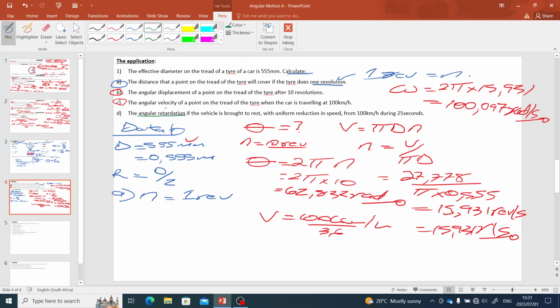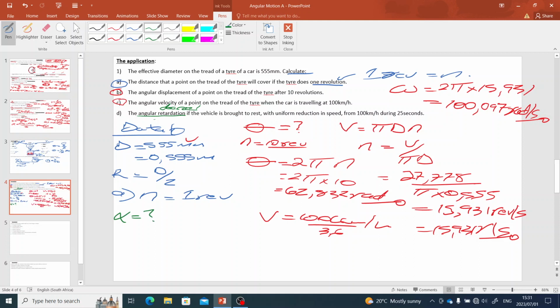This is angular acceleration, but this is angular deceleration. Retardation simply means reducing or decreasing. Now here you can tell they want us to calculate angular acceleration. What is it that we are given?